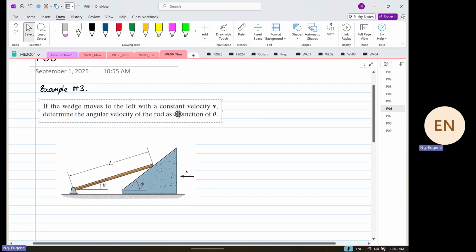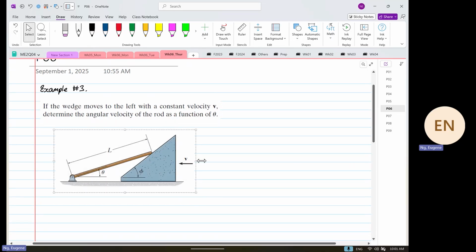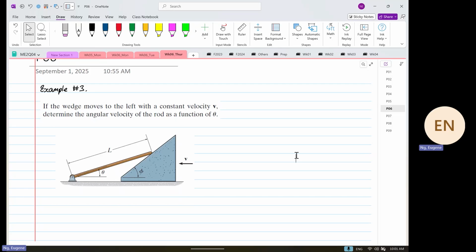If the wedge moves towards the left with a constant velocity, determine the angular velocity of the rod as a function of theta.